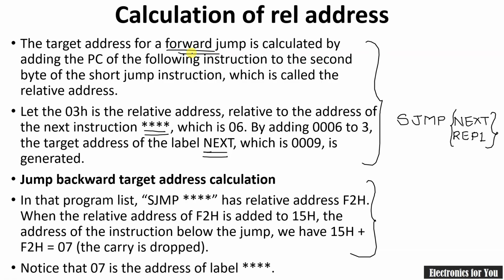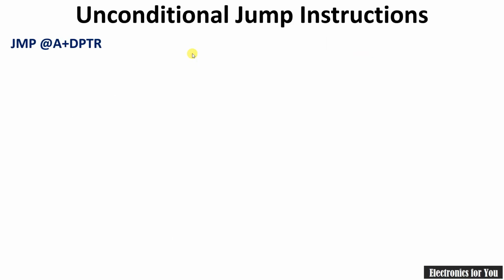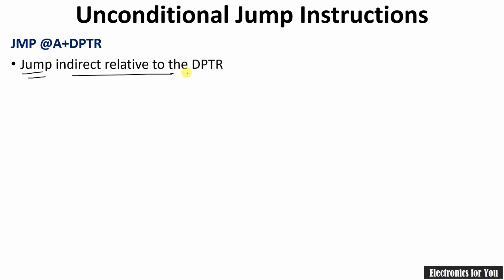The next unconditional jump instruction is JMP A plus DPTR. Again, it is a very important instruction, because it is used for indirect addressing to access the data pointer. Here, jump indirect relative to the DPTR.